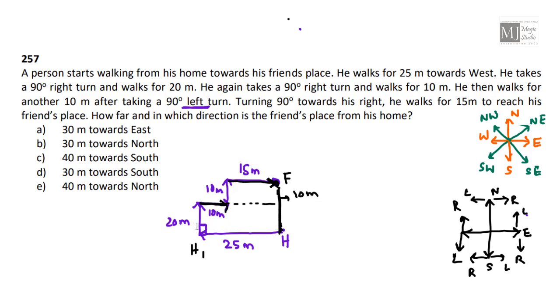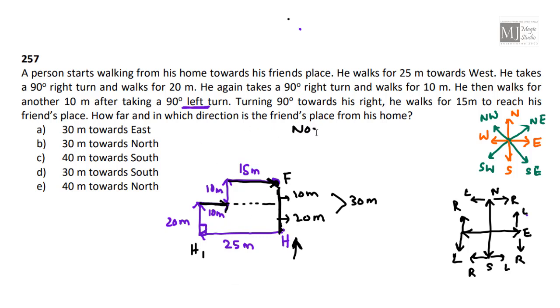This is 10 meter, and with this diagram we can find that this is 20 meters. So 10 plus 20 is 30 meters, and friend's place is towards north of his house.